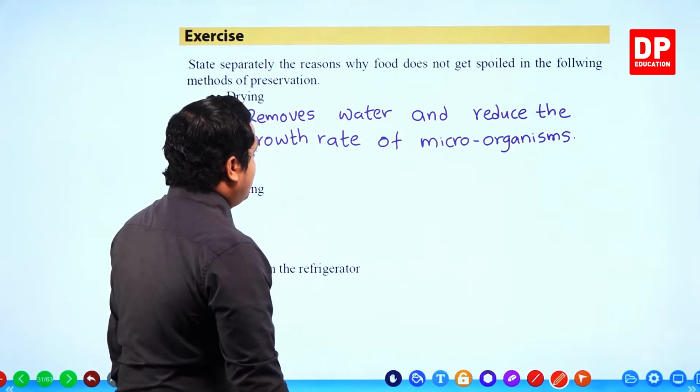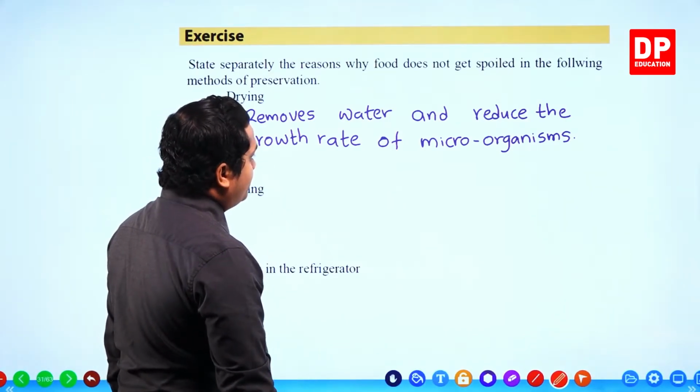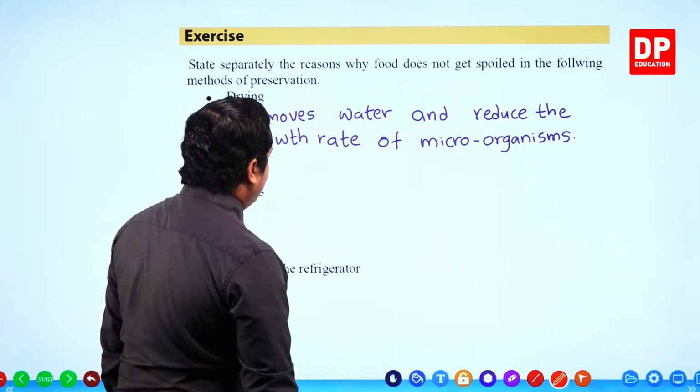So removes water and reduce the growth rate of microorganisms.